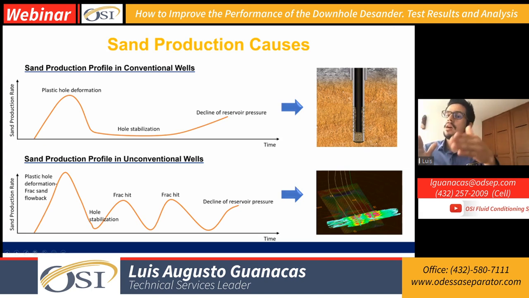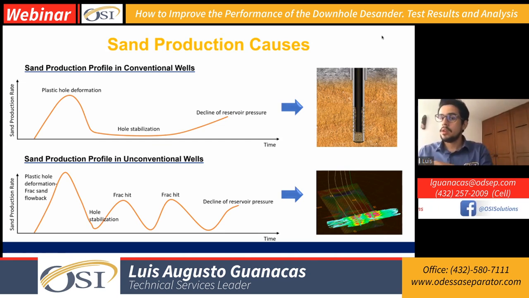But at the end of the production, the pressure is going to decline because we're reducing the energy of the reservoir. That means the rock is becoming weaker because of the production activity, and then we have a high sand production.